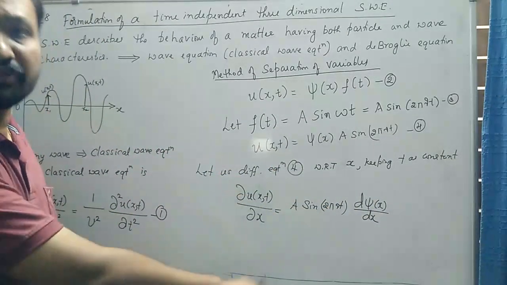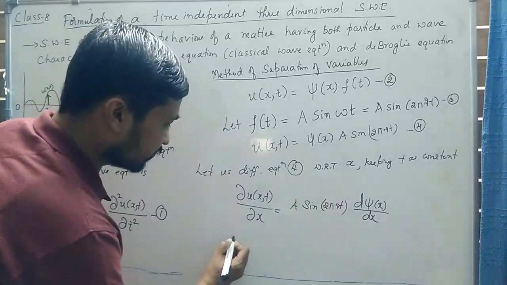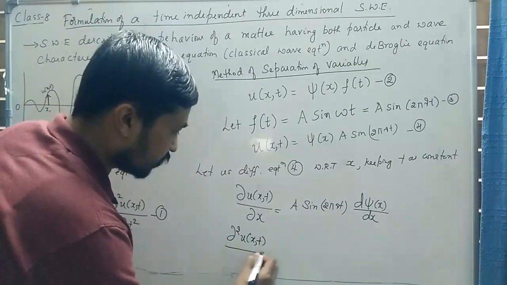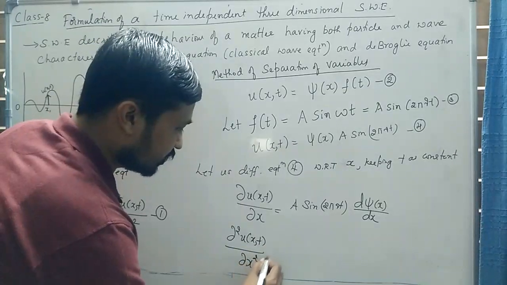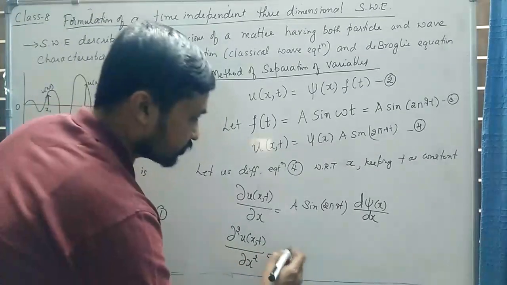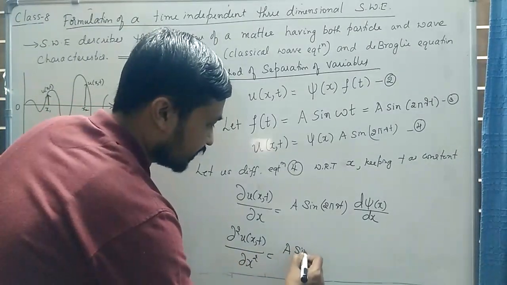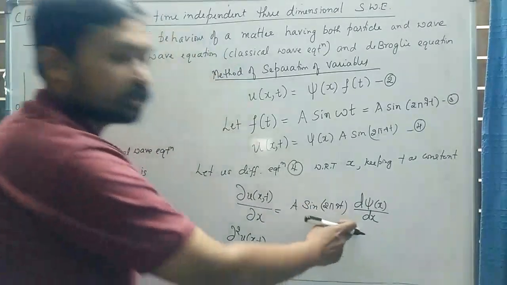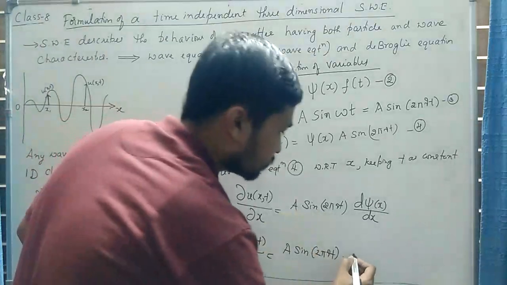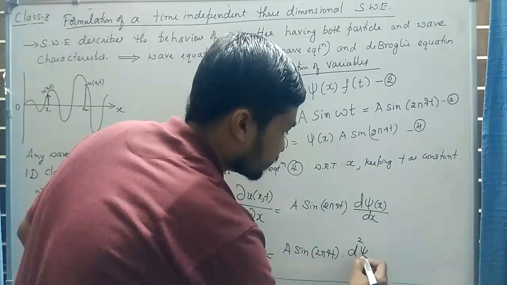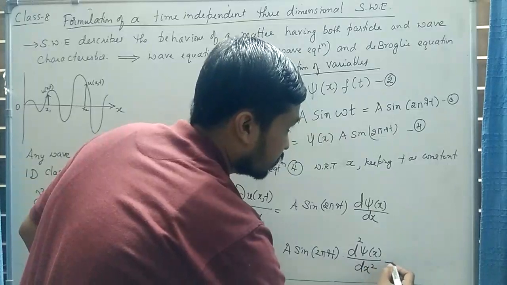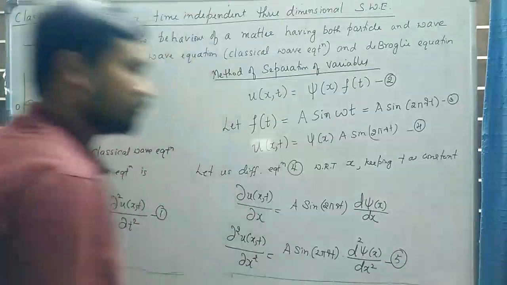Now let us again differentiate with respect to x. You get ∂²u(x,t)/∂x² is equal to, again this is constant, a sine 2πνt into d²ψ(x)/dx². Let us take it as equation 5.